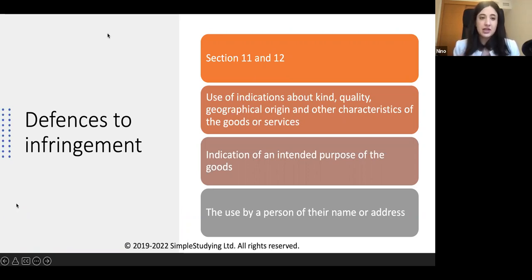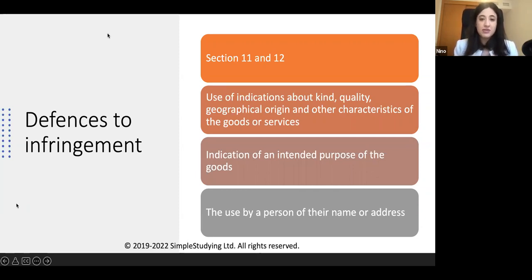However, in the particular problem question that you have in trademarks, it is important that you have a look at the decided cases on Section 11 defenses and have a look if there are any similar facts of the case you can identify and apply that case to your problem question.